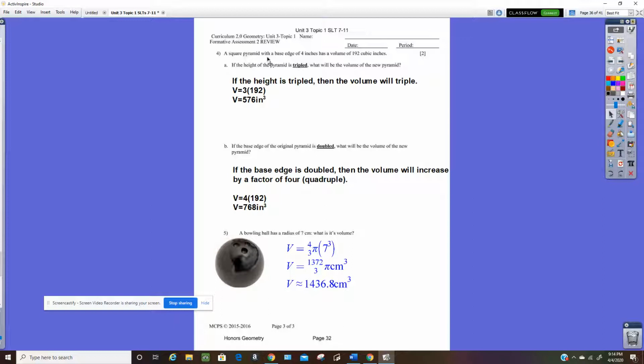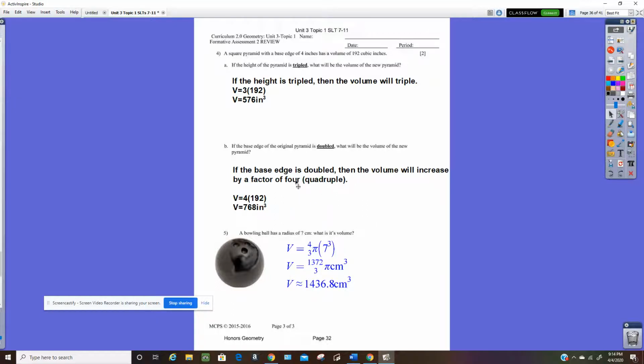So a square pyramid with a base edge of 4 has a volume of 192. If the height is tripled, what will the volume of the new pyramid be? Well, you triple the height, it's going to triple the volume. Okay, and then if the base edge is doubled, then the volume will increase by a factor of 4 because you're finding the area of the base.